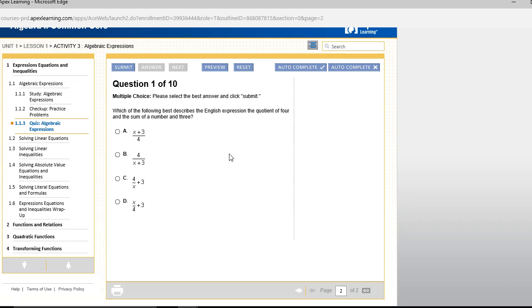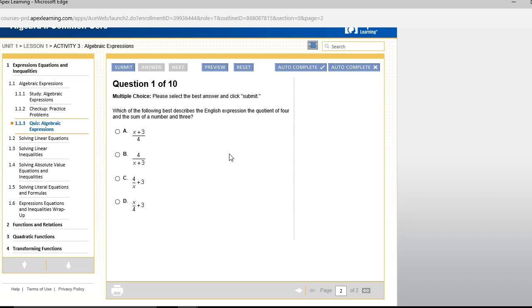In that case, you need to email me, attach your completed study sheet, attach your completed checkup sheet, and send me an email asking specific questions about content. And then you and I will start a dialogue back and forth, and we'll get you set up to then retake that quiz and pass with 70% or higher.